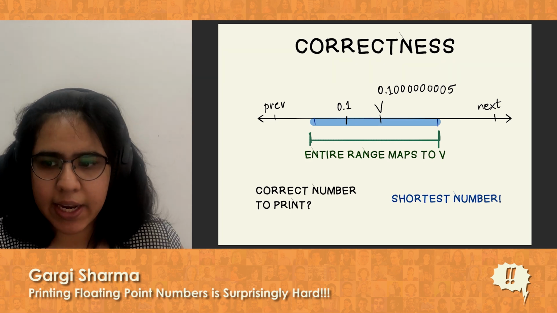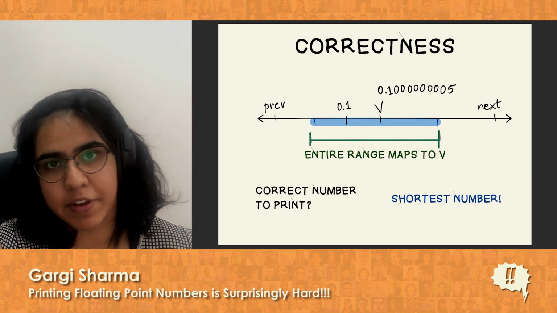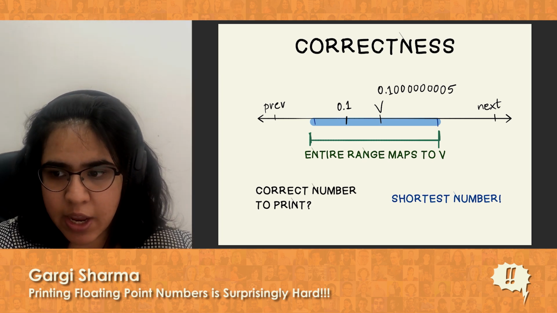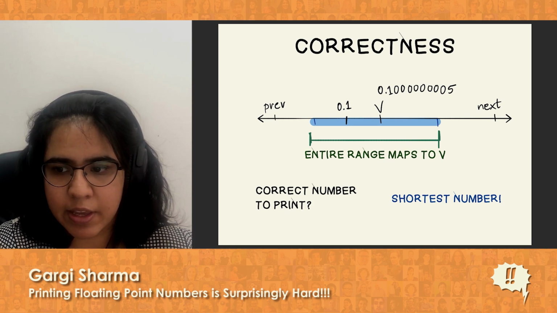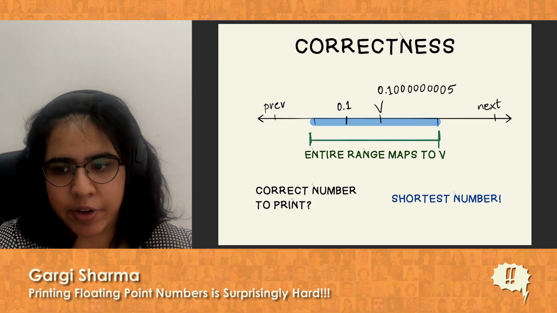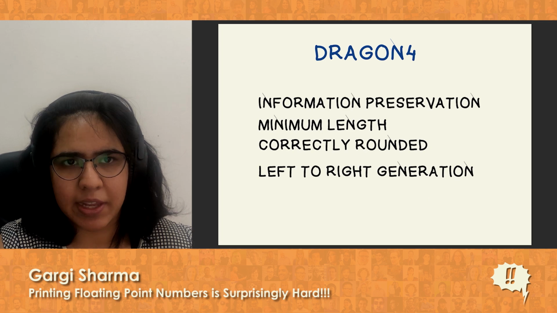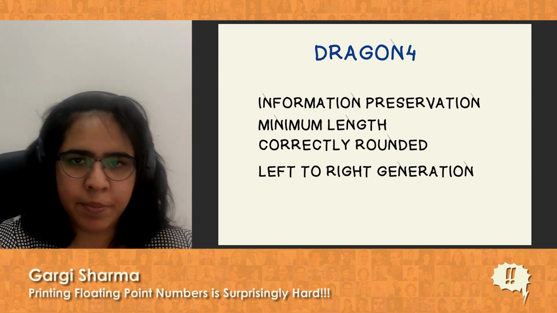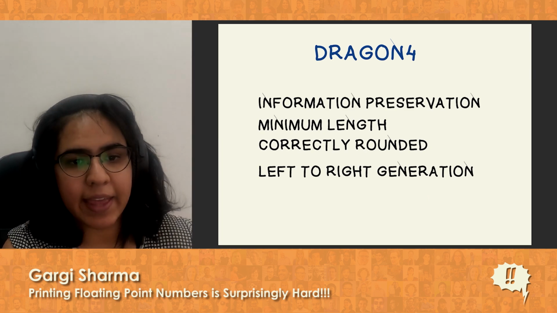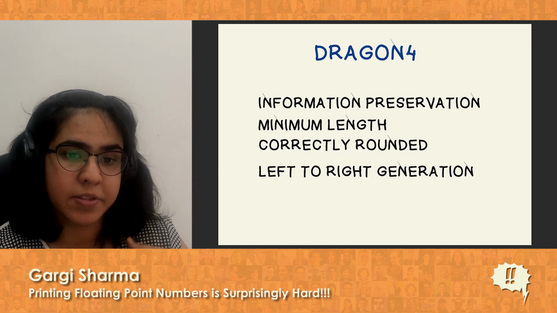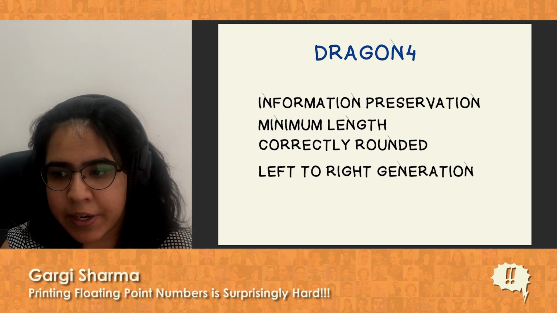Around 1980, the IEEE 754 floating point standard came around, but people would more or less pass working code for reading or writing floating point numbers, and they didn't write too much about correctness because the idea was that floating point is inherently inaccurate anyway. To rectify that, Guy Steele and White wrote this paper on printing floating point numbers.